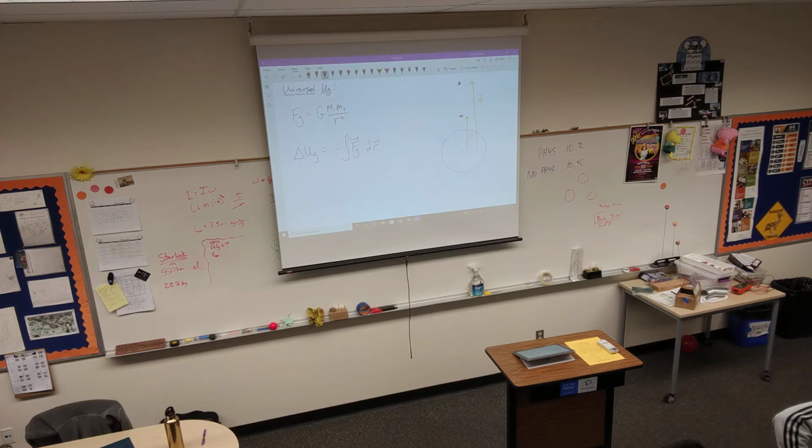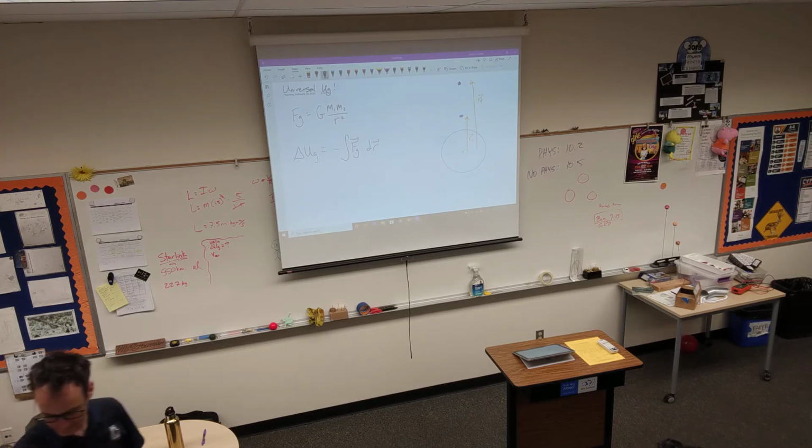Then evaluate from R1 to R2. I think you're having the same issue. This is the dot product between these two things. So what's the dot product? I don't think it's a dot product.